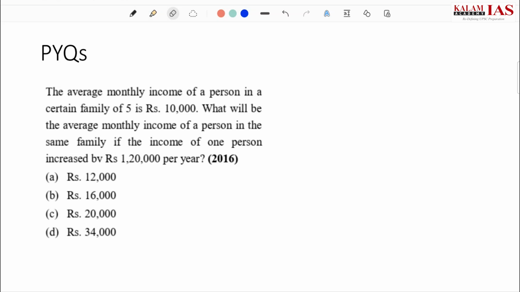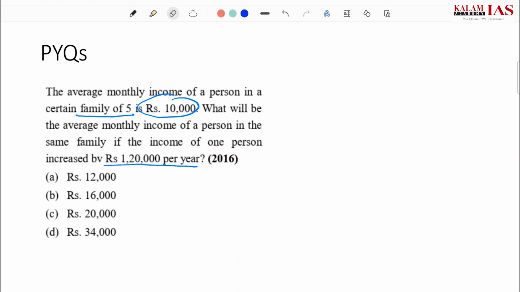I hope सबने क्वेश्चन पढ़ लिया है. Let's try solving it easily. Average monthly income of a family is given, which includes 5 people and average is 10,000. What would be the average monthly income in the same family if the income of one person increased by 1,20,000 per year?